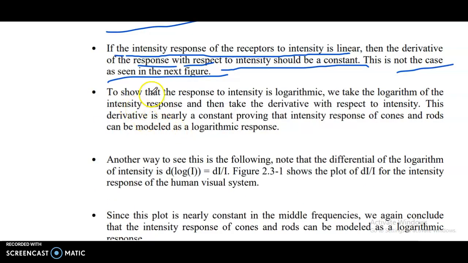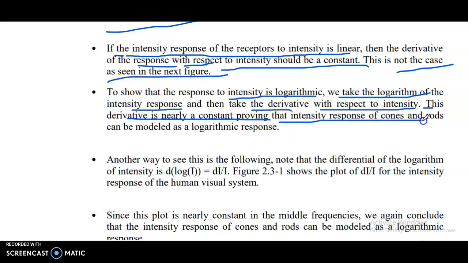To show that response to intensity is logarithmic, we take the logarithm of the intensity response and take the derivative with respect to intensity. This derivative is nearly constant, proving that the intensity response of cones and rods can be modeled as a logarithmic response.